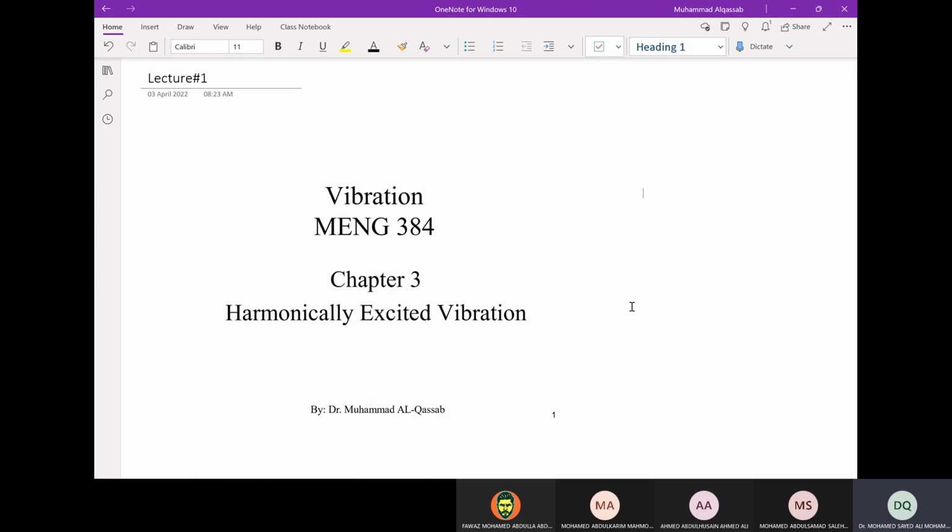So the characteristics of a force here: it has an amplitude, a certain value in Newtons, and it is also applied with a frequency. An example I gave you in chapter 1 was the imbalance, and we will talk about it here.